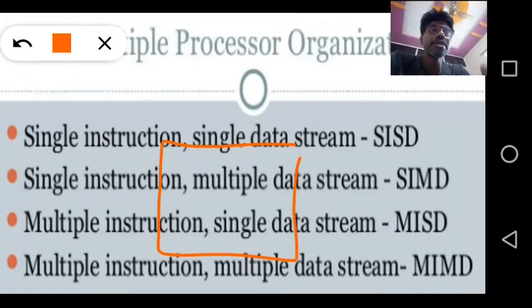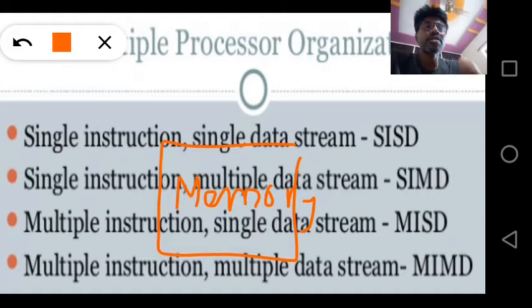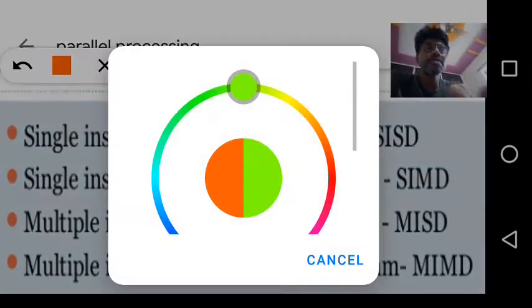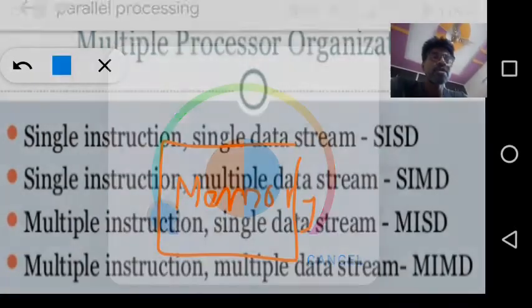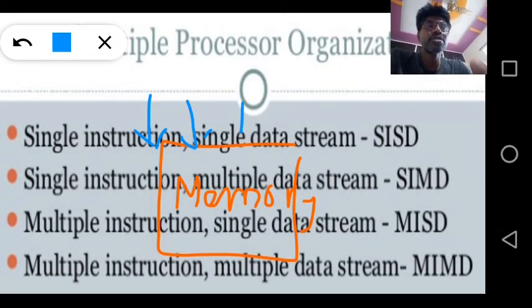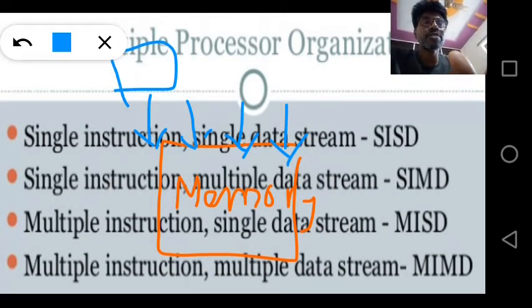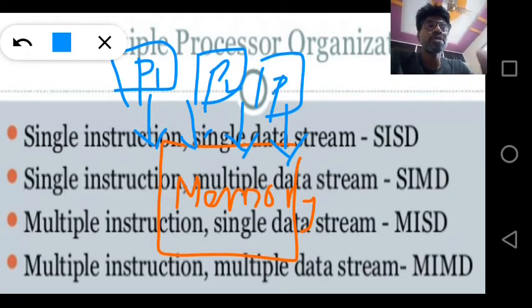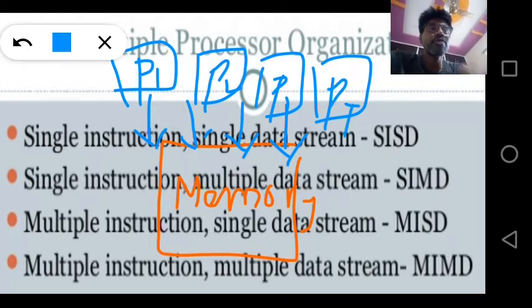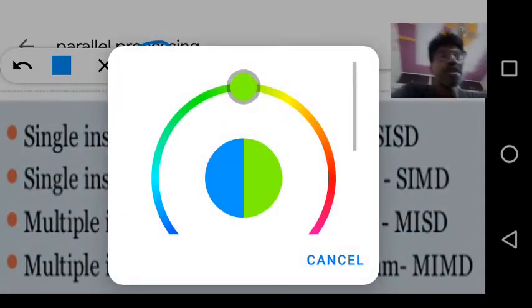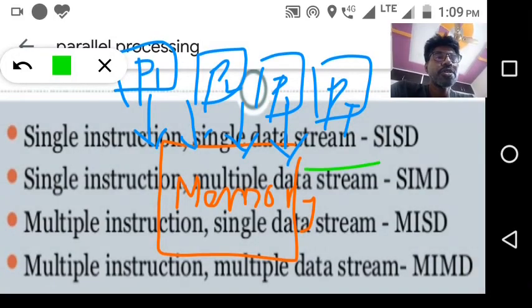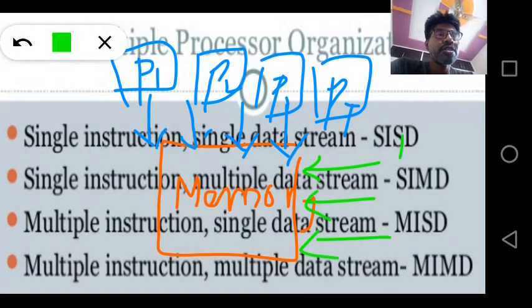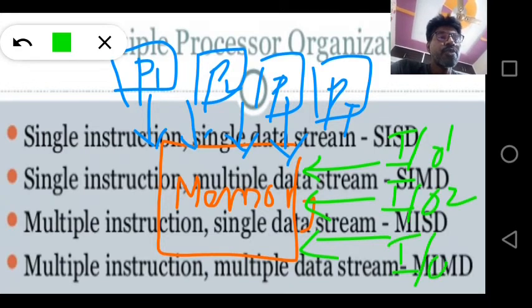If this is my memory, then these are the processors which are connected: P1, P2, P3 and P4. These are the processing units that are connected to a computer shared memory, and these are the IO interfaces: IO interface 1, IO interface 3.